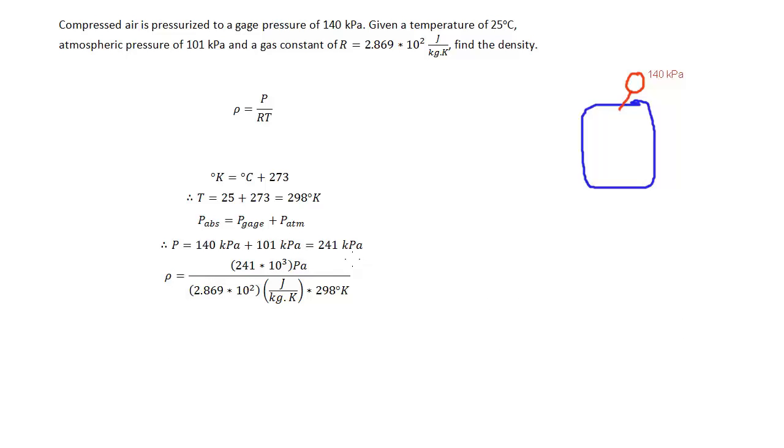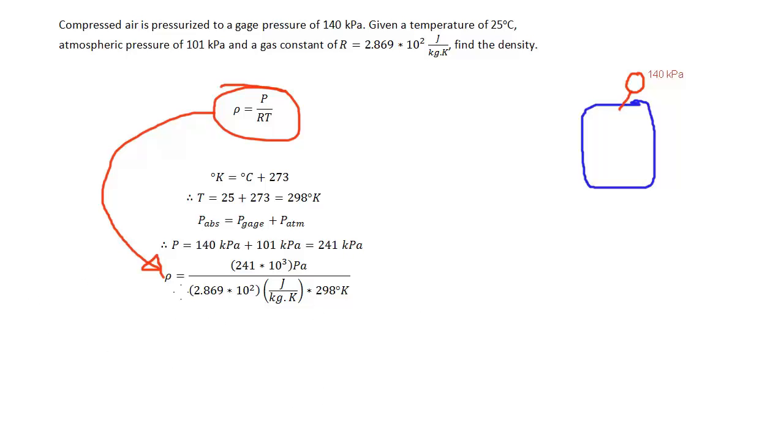And so finally, substituting everything into this equation in the correct format, we need to convert kilopascals to pascals here, so we do that by multiplying by 10 to the 3.